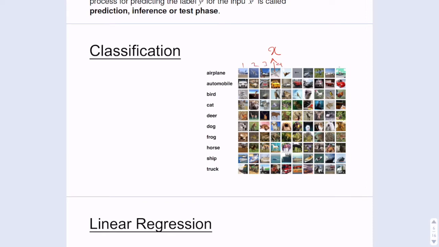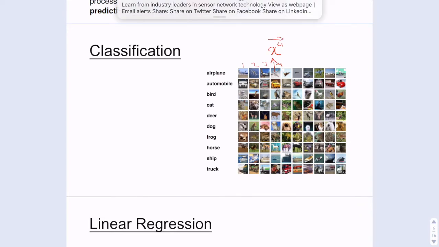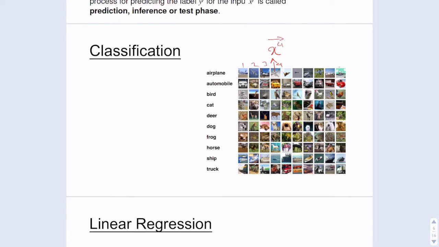So this is sample 4. This is the feature, which is the image, which is basically some pixels. And for this feature, we have a label. What is the label for this one? It is airplane. So basically this is Y4. So I have one pair here, which is X4 and Y4.